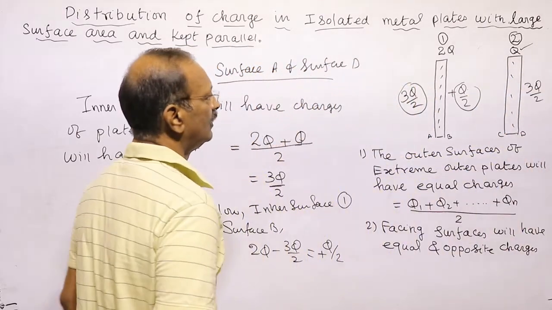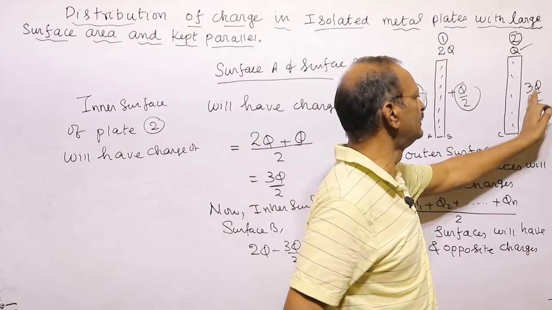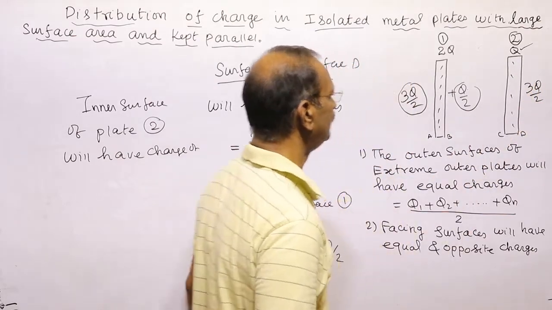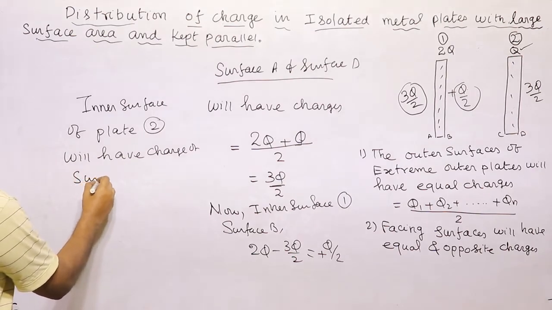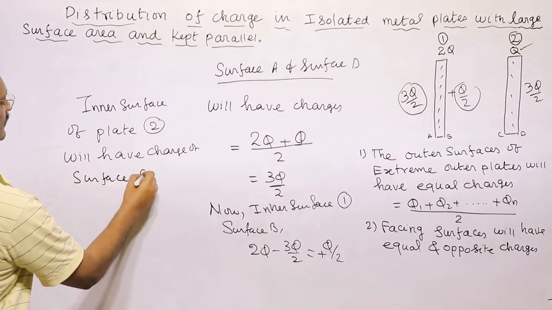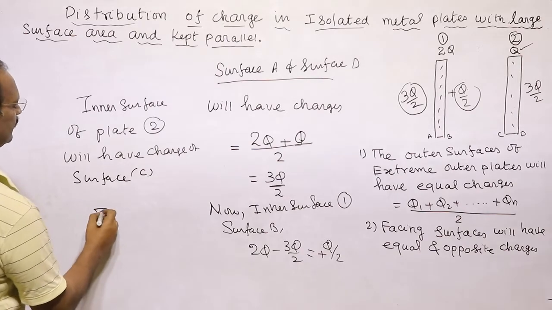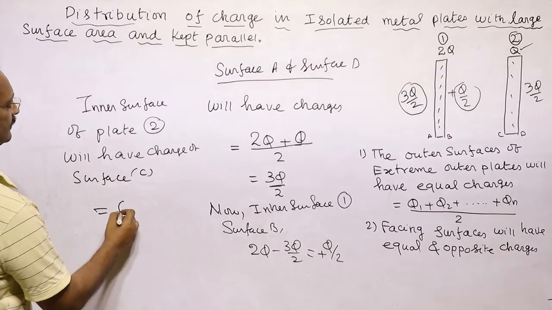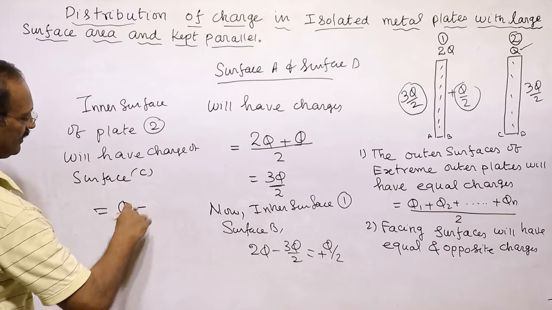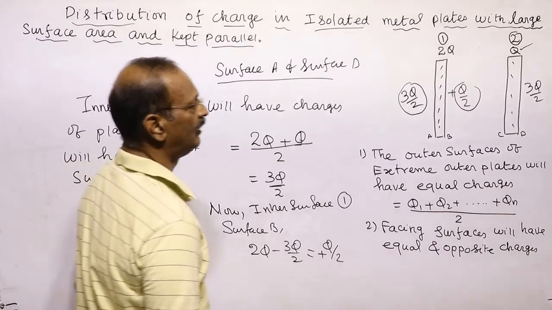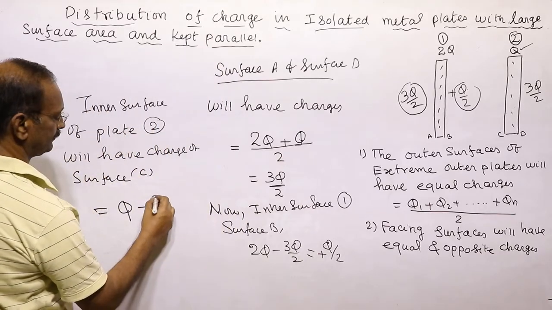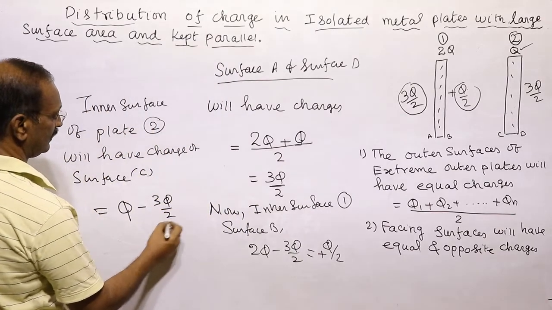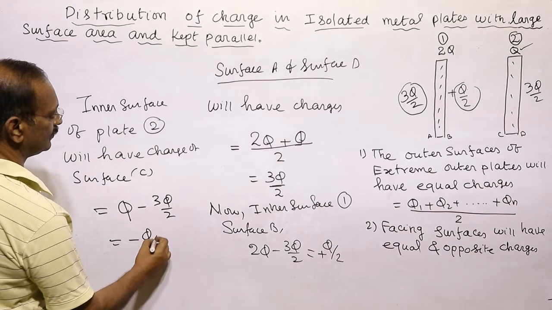So out of q, 3 by 2 q is on the outer surface of this plate. What will be on the inner surface, that is surface C? So the net charge on the plate is q minus the outer charge, 3q by 2, which is equal to minus q by 2.